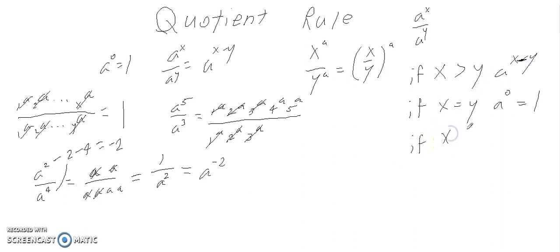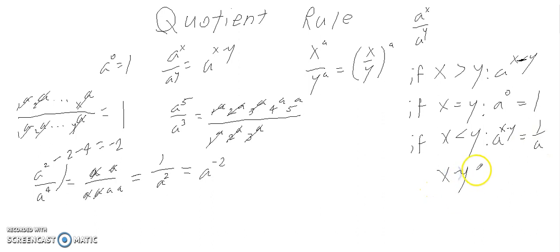If x is less than y, then it becomes a to some negative number, then x minus y will be negative. So you can actually write it as 1 over a to whatever that is.